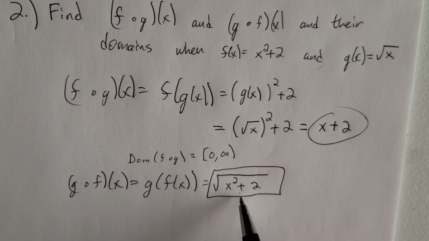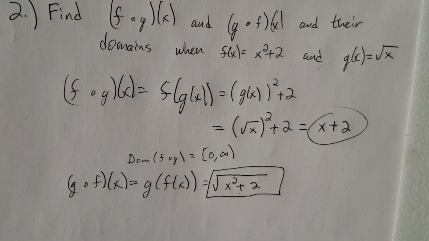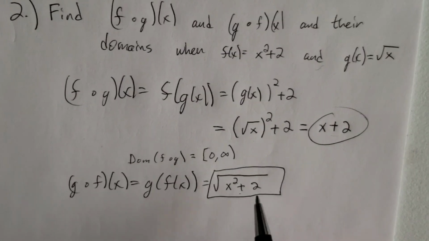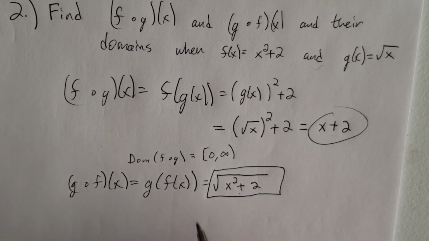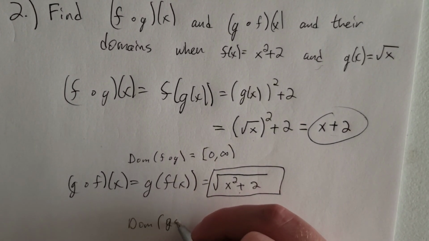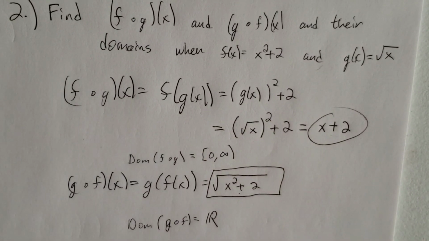If we plug in anything that's not 0, we get something above 2. So everything inside this square root symbol here is positive. And therefore, no matter what we plug in for x, this calculation is allowed. So our domain of g composed with f is all real numbers.